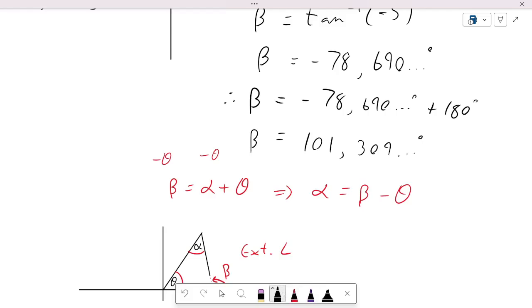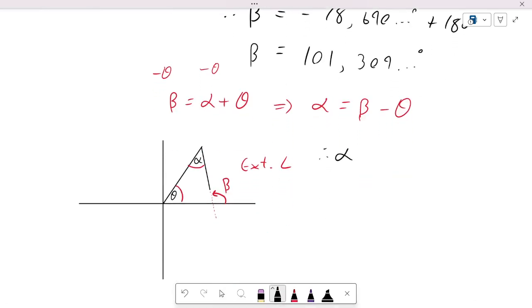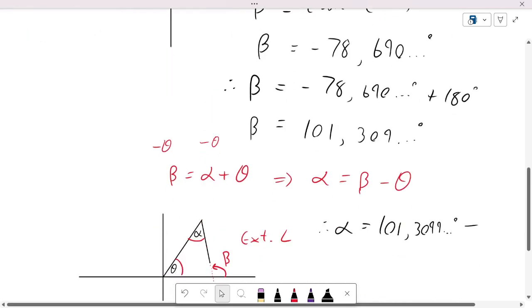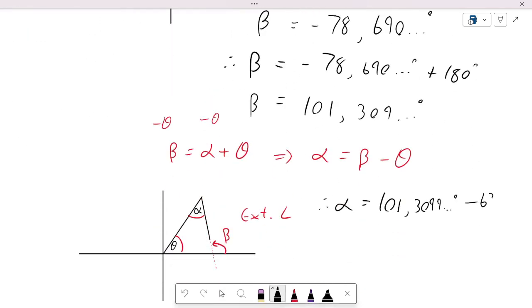Alpha is equal to 101.3099-something degrees, something because it goes on, minus our theta, which is 63.43 degrees. So our alpha will just be equal to what we have over there, minus 63.43.